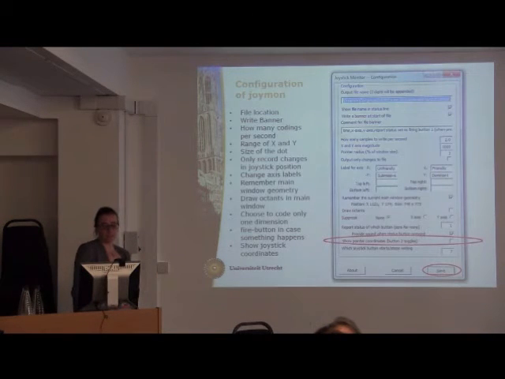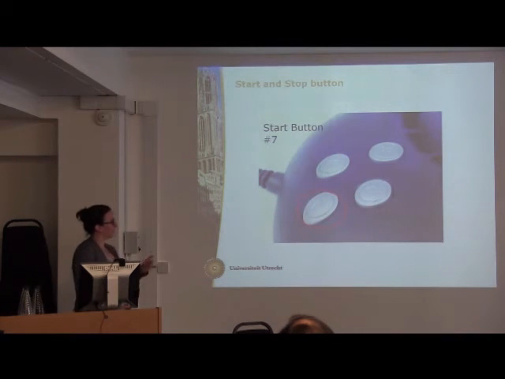And then one of the most important buttons, I think, oh, I didn't put a red thing around it, is how to start the coding. So there's one button, there it is. The 7 button, it's this one on the joystick, in your left corner.